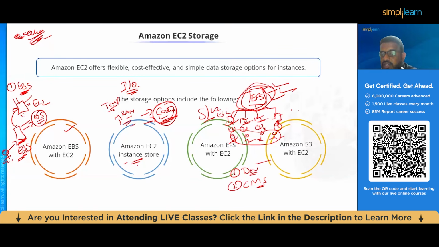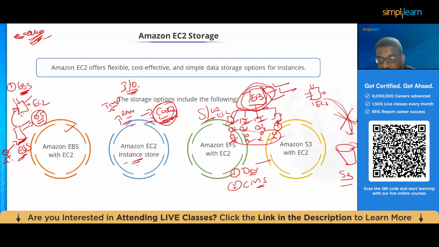And the next one is S3 with EC2. Folks, let me tell you, here I have an EC2 machine, and here this is my S3 bucket. First of all, the very important point: we are not attaching the EC2 instance with the S3 bucket.